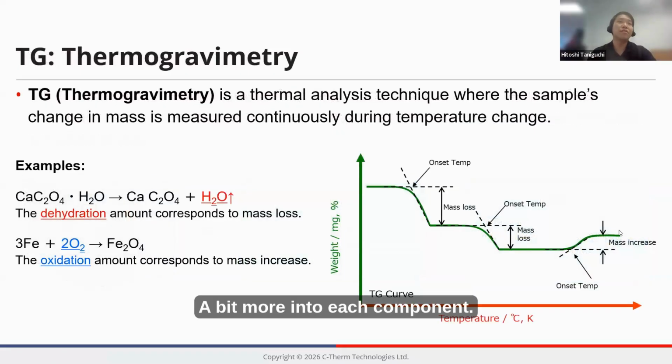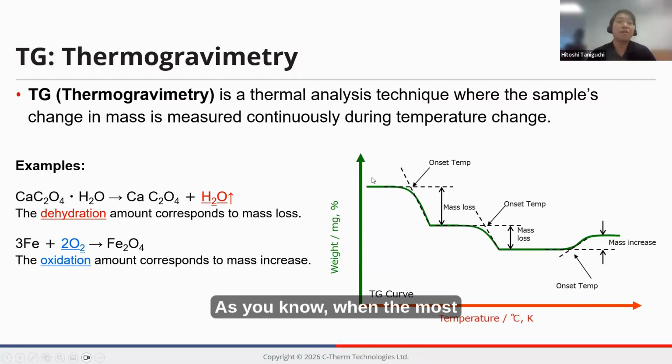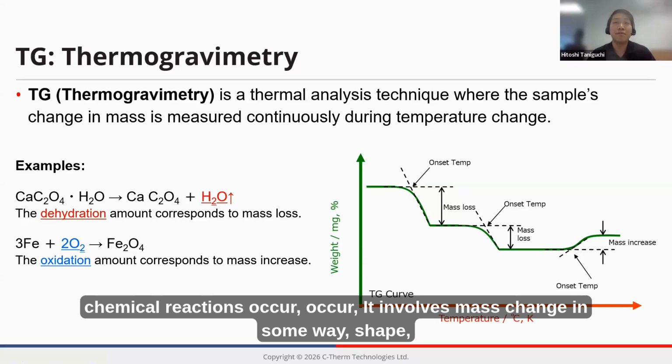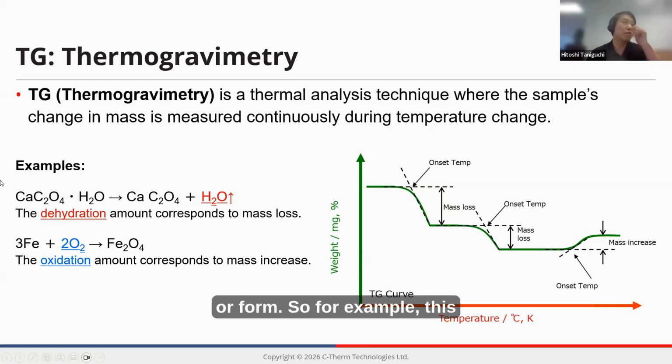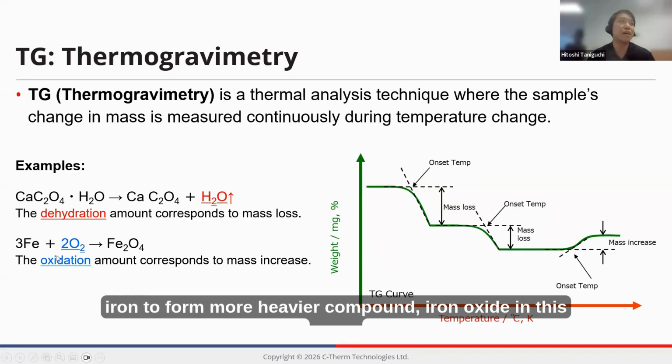A bit more into each component. TG stands for thermogravimetry. Again, it's a technique that tracks the sample's mass change as a function of temperature. As you know, most chemical reactions involve mass change in some way, shape, or form. For example, the oxidation of iron corresponds to a mass increase because oxygen binds into iron to form a heavier compound, iron oxide in this case.